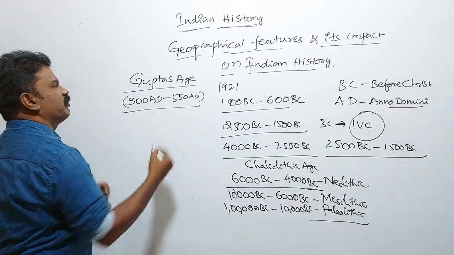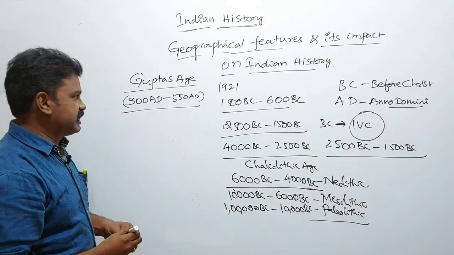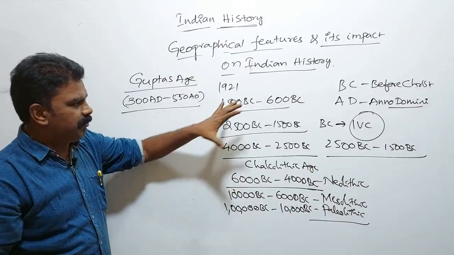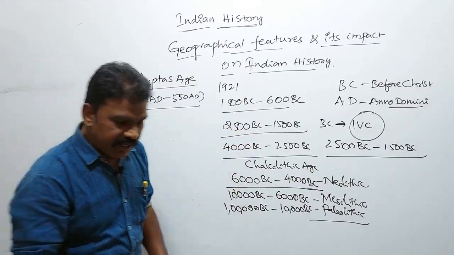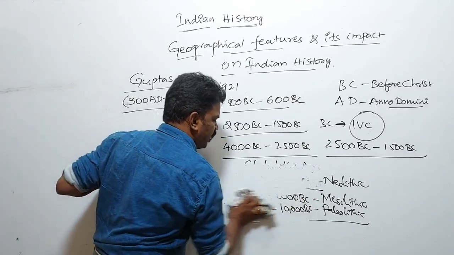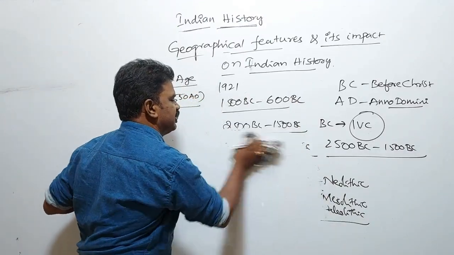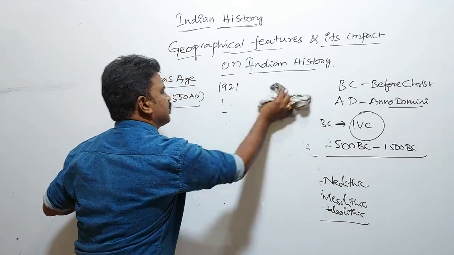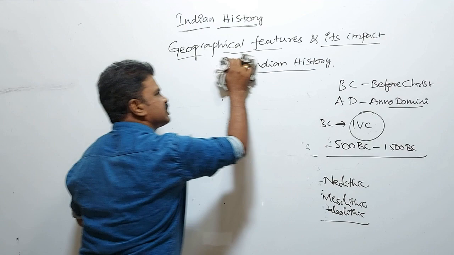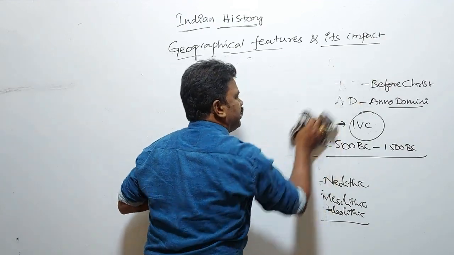So AD is in ascending order and BC is in descending order. This is what is called chronology in Indian history. If you understand the chronology, you will get a clear idea about the dynasties and incidents of India.